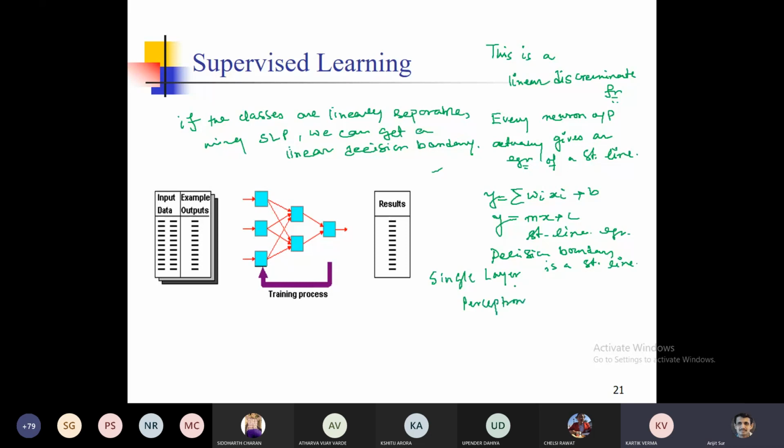Okay, and if the data distribution, or the data, is linearly separable, then SLP works.